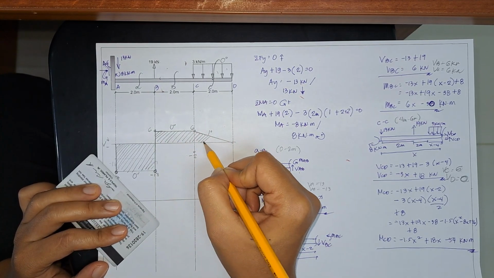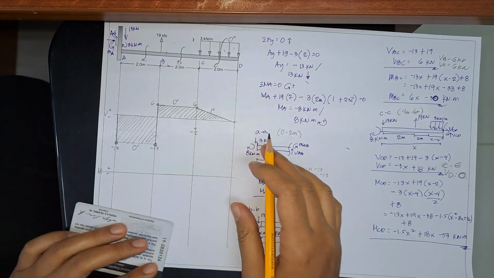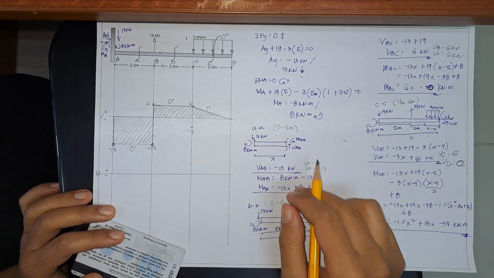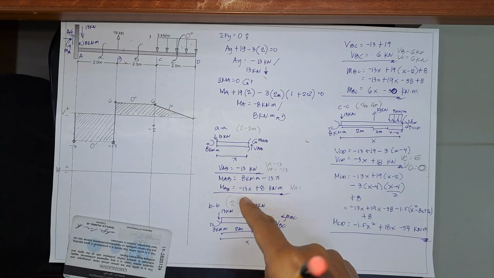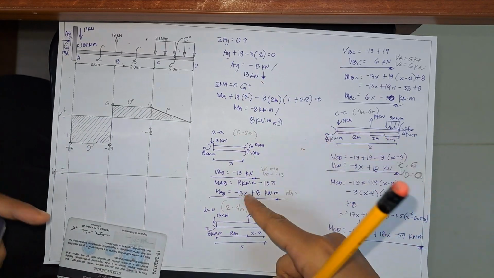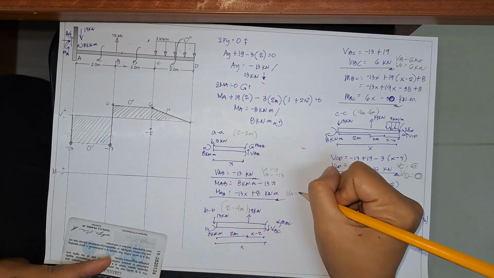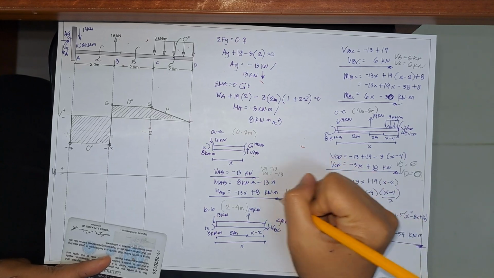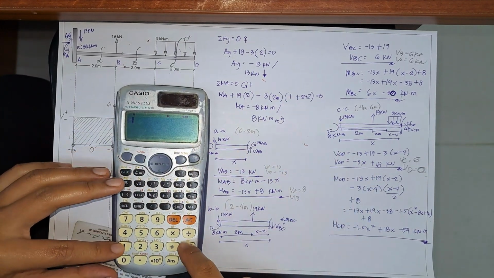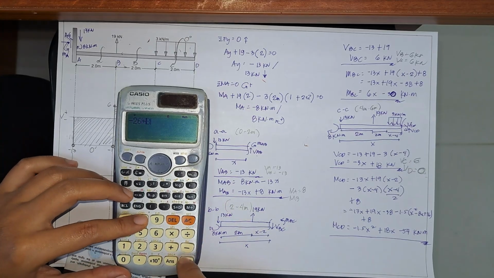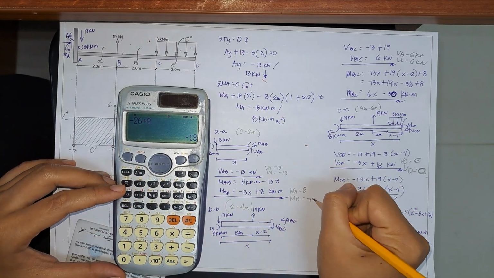Okay. And then, for the moment diagram, dito na po tayo. So, moment at point A, substitute x with 0. So, 8. Okay? And then, moment at point B, substitute x with 2. Okay? So, negative 26 plus 8, we have negative 18.